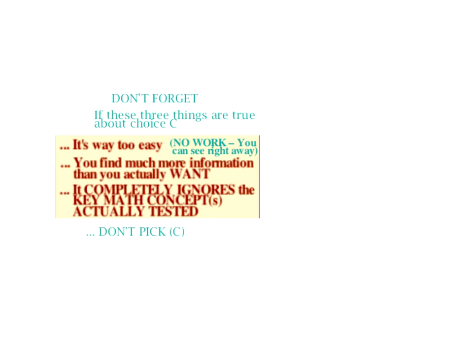Don't pick E either, for very, very different reasons. You're not picking C because that's how they write trap answers, but you're not picking E because it's clearly impossible in these situations.